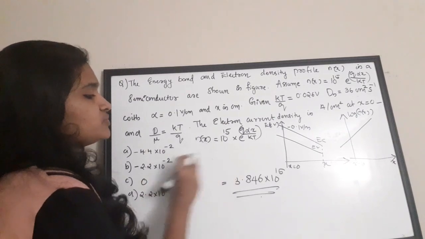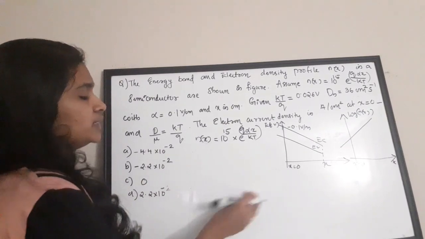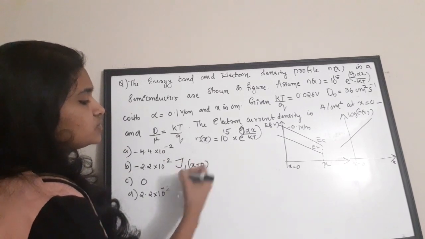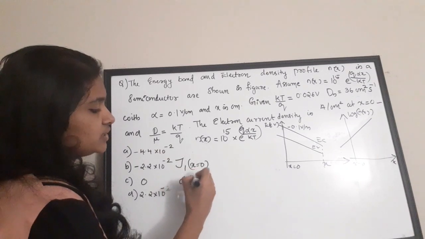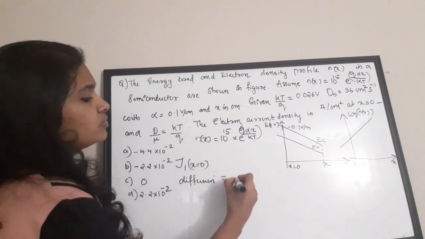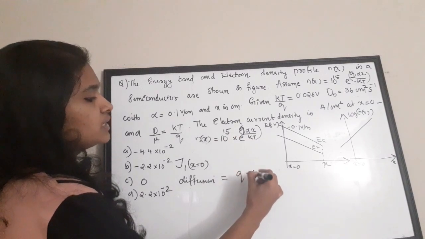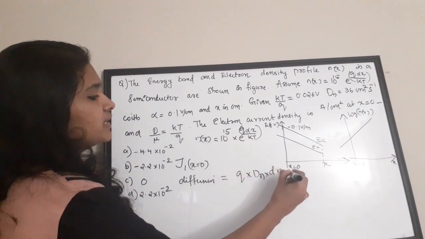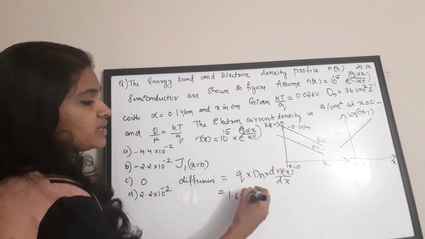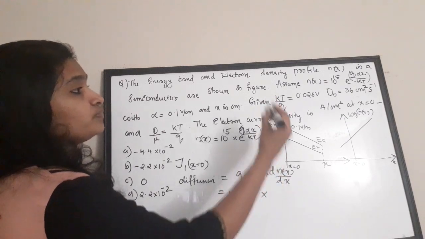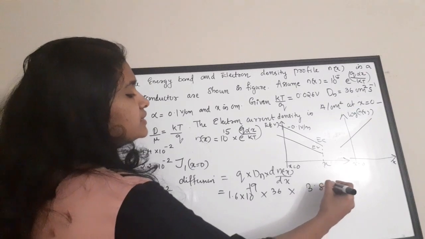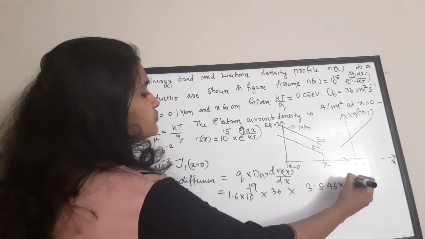Now substitute this value in your equation for J1, that is at x is equal to 0. This is actually the diffusion current density. So the diffusion current density is equal to, what is the equation? Q into Dn into dn(x) by dx. So it will be Q is 1.6 into 10 raised to minus 19 into 36 into 3.846 into 10 raised to 15.